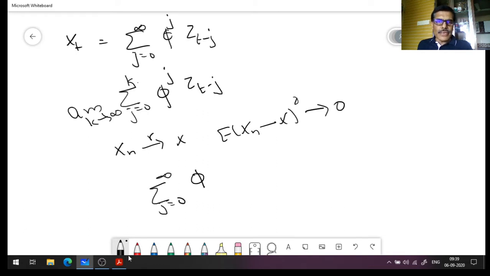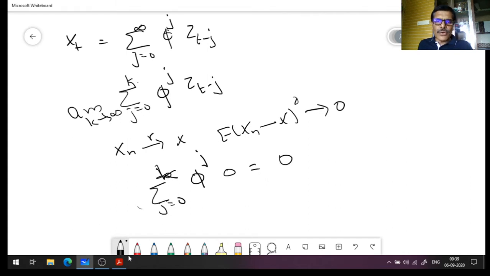We will be looking at phi to the power of j, and because the expected value of this is 0, I'll be able to show the convergence. For finite k, you can take expectation inside because these are finite, and this becomes 0.